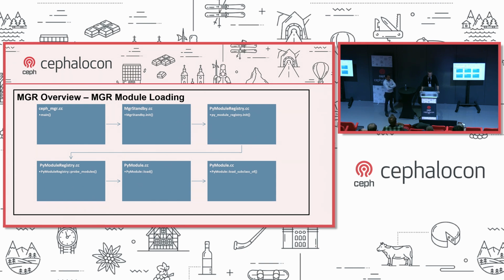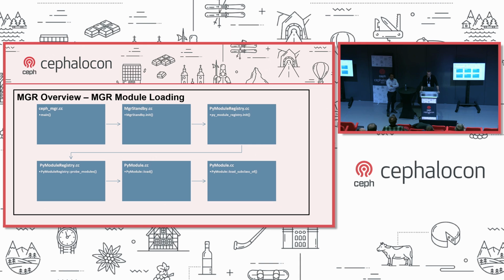That function then reads mgr_module_path to find the modules directory in the local file system, and then calls PyModuleRegistry probe_modules to try to load all those modules present which are not listed in the mgr_disabled_modules list. So basically it walks the directory path in the file system looking for module code.